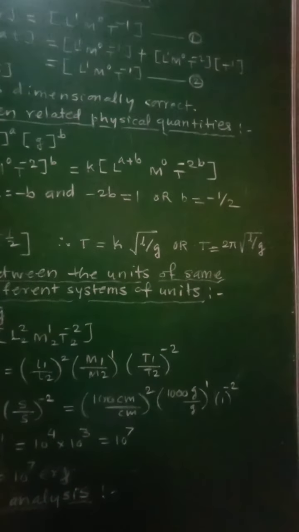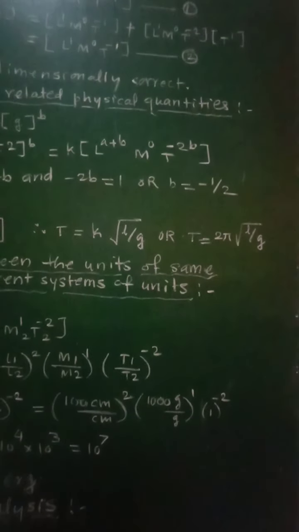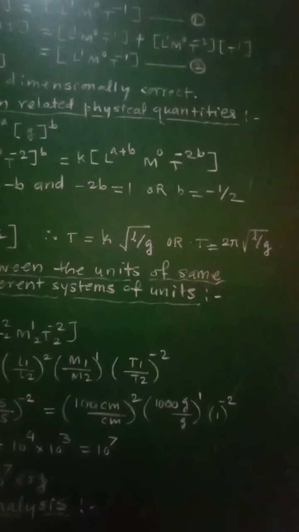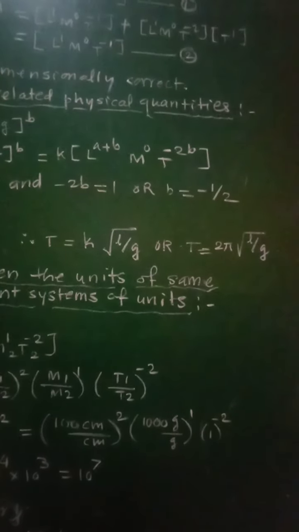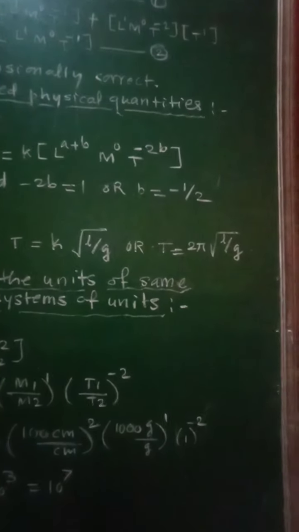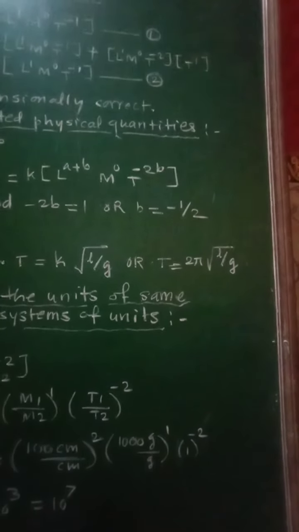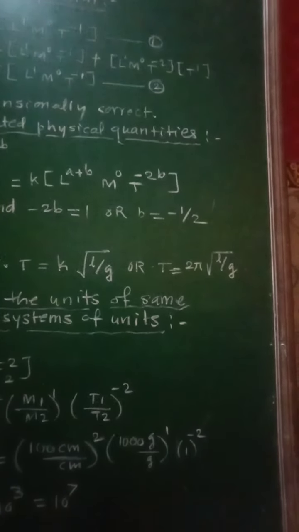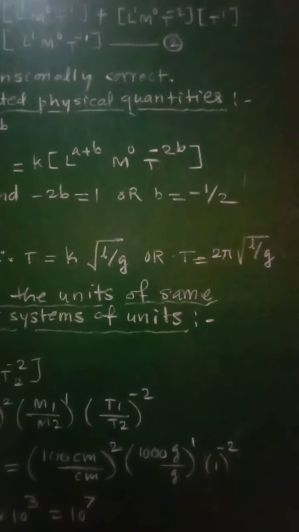The proportionality constant k is experimentally determined, and it is found that in case of the simple pendulum, k comes out to be 2 pi, and therefore we get t is equal to 2 pi square root of L by g, which is the relation for the period of a simple pendulum, that is, the relation between period, length of the pendulum and acceleration due to gravity.